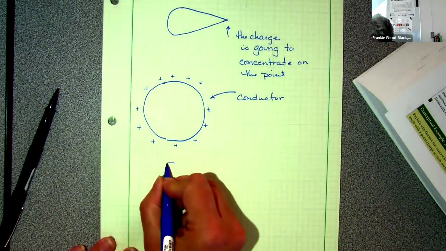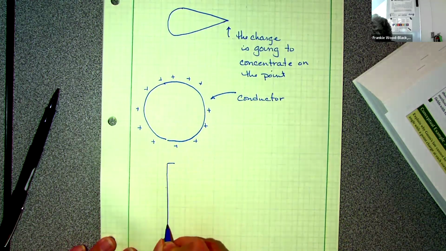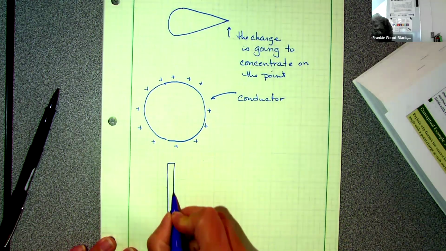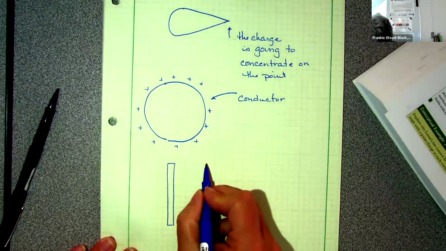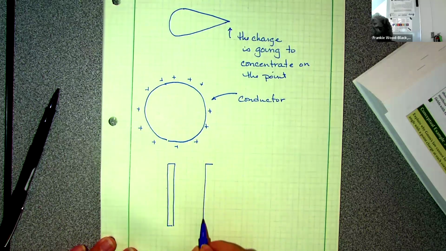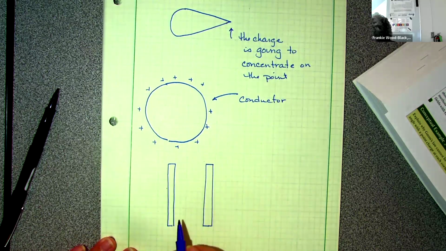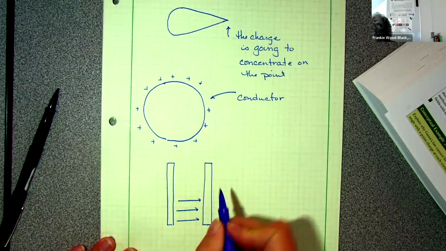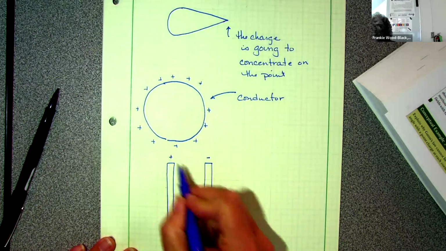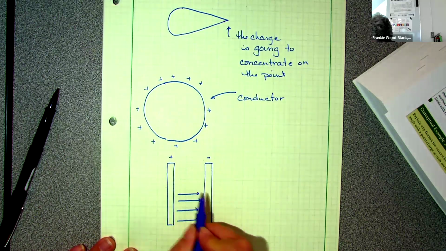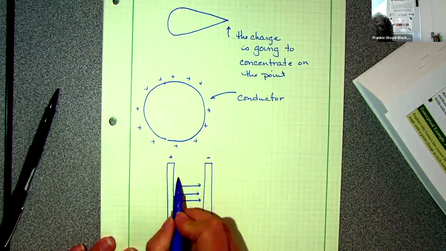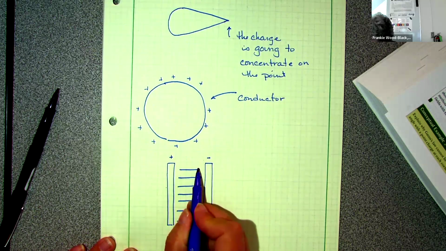What this is going to do for us is a couple of things. If I have a line of charge, I can develop a uniform electric field. If this is a negative and that's a positive, I can develop uniform electric fields between two parallel plates.